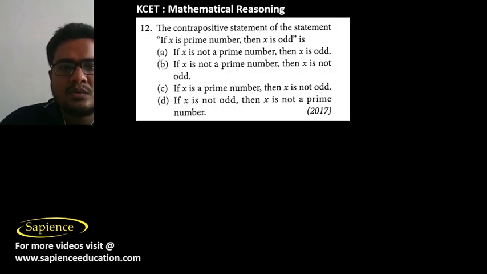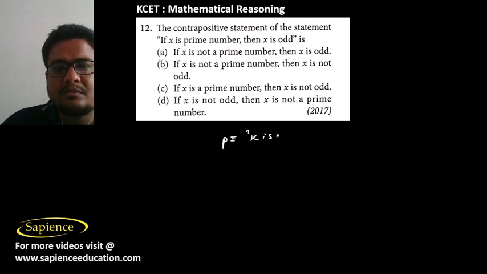Question number 12, it is told find the contrapositive of the statement: if x is a prime number then x is odd. Let's suppose we take the statement P as x is a prime number, and the statement Q as x is odd.